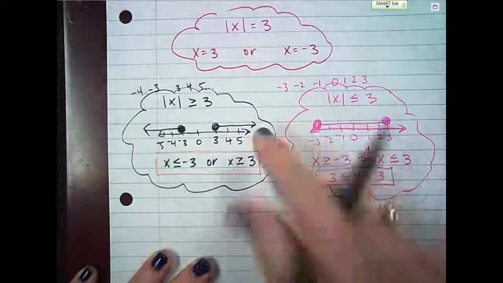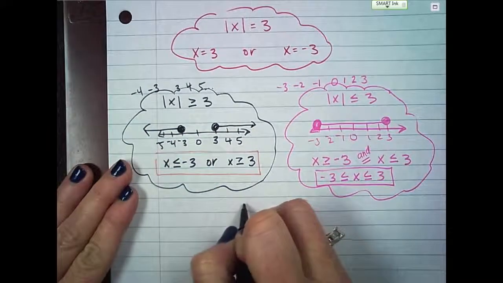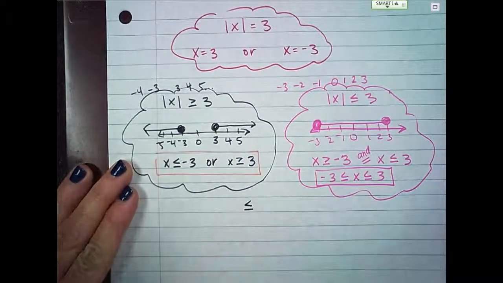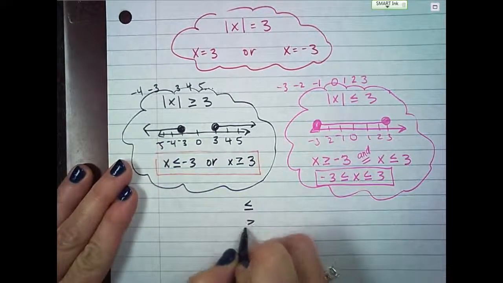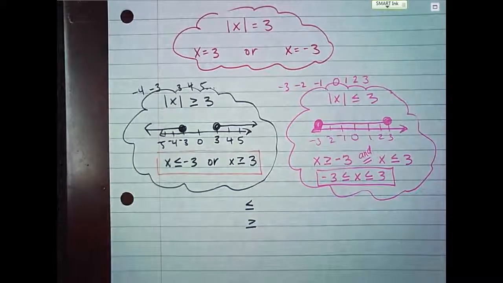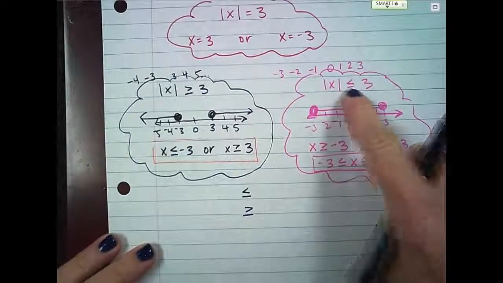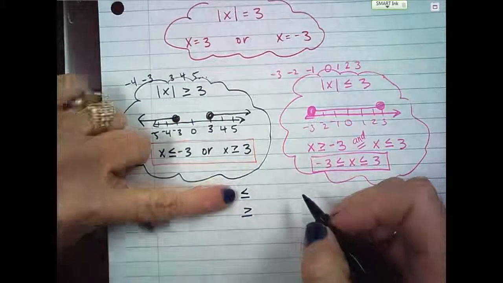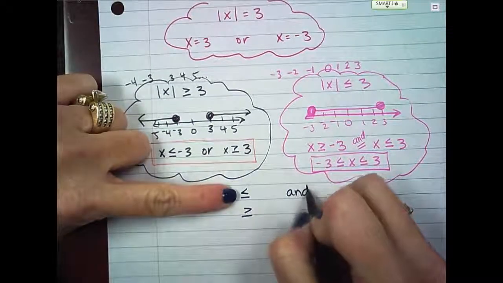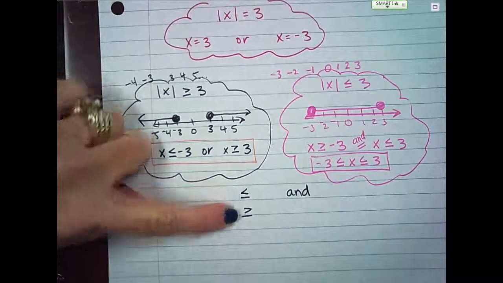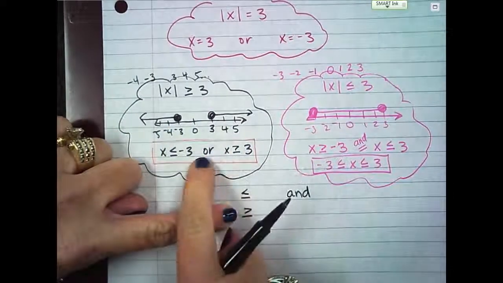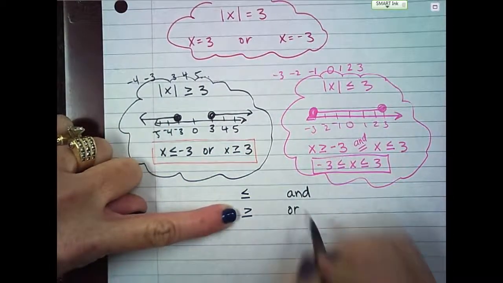We have two situations going on. You either have a less than, or less than or equal to, and a greater than. Those are our two situations, less than and greater than, right? The less than situation created an and. So there's my less than, it created an and. My greater than created a what? What kind of situation? An or.